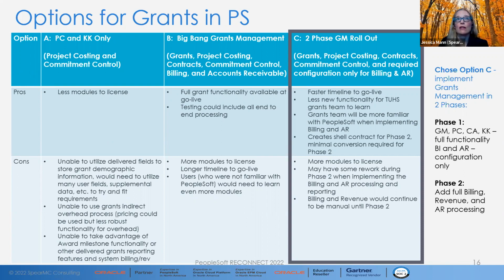Considering they were already manually doing billing and revenue in their old system anyways, that wasn't too big of a change. Especially the revenue piece, they really wanted to push that to phase 1, but we ultimately said, no, it makes the most sense to keep it in phase 2.